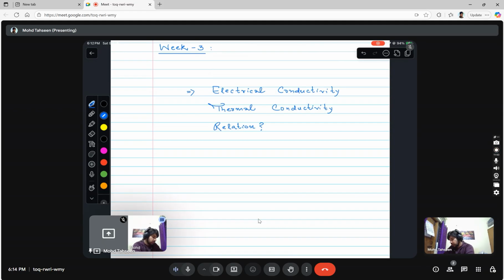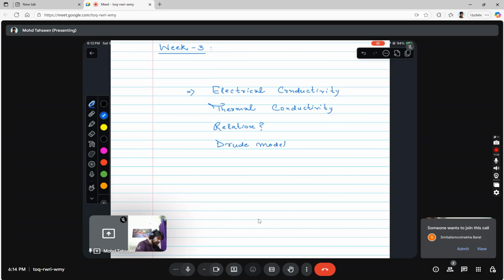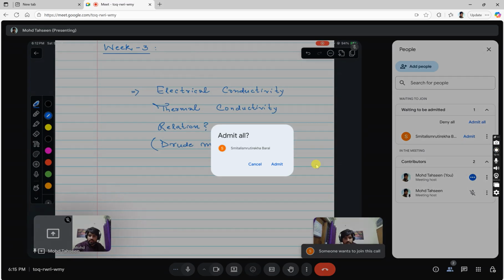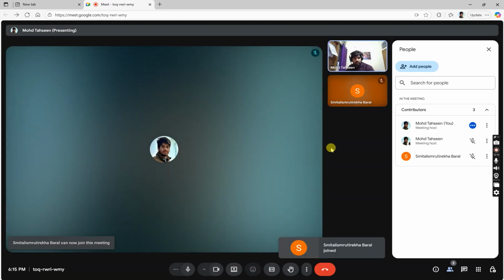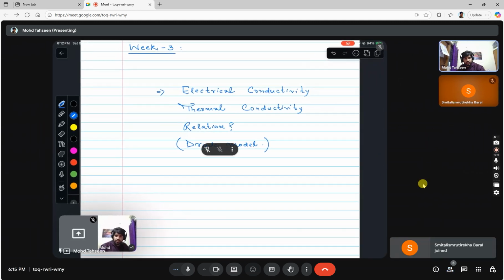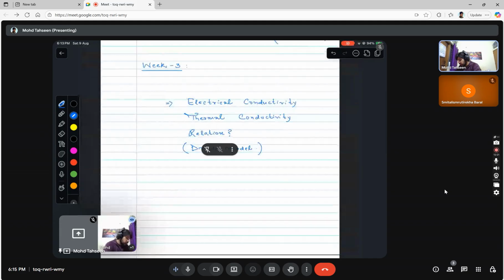And in particular, the model that we are going to develop is known as the Drude model. So we are going to look at the Drude model for electrical conductivity as well as thermal conductivity.